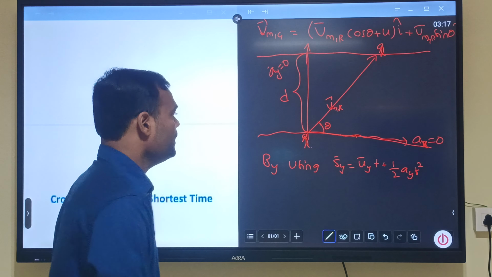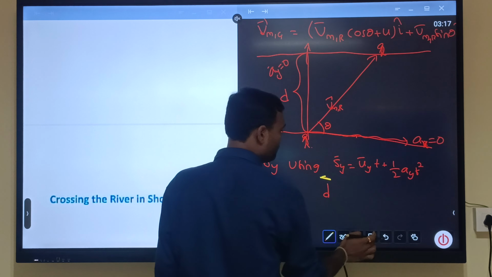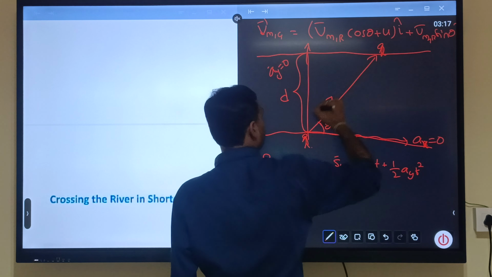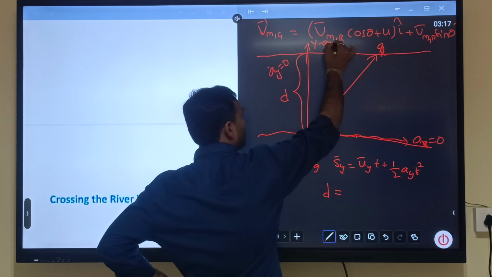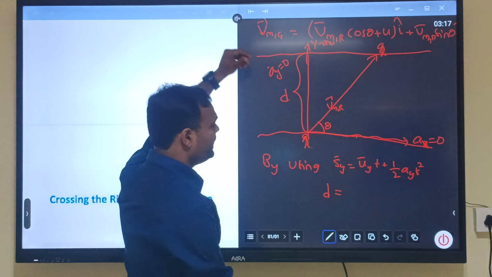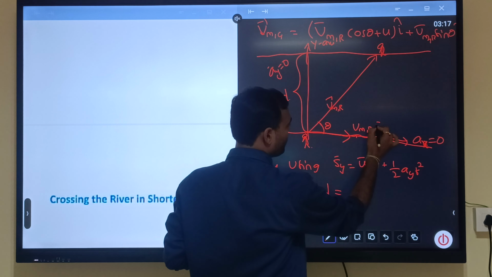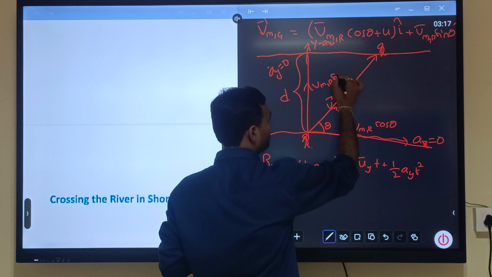Clear? Now the displacement traveled on the y-axis is d. See, he started his journey from here to here. This is the y-axis. On the y-axis, how much displacement did he travel? d only. Right? d. uy is equals to, as we know, Vmr sin theta.